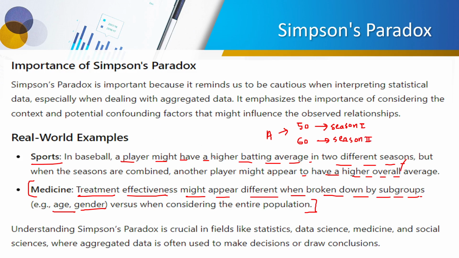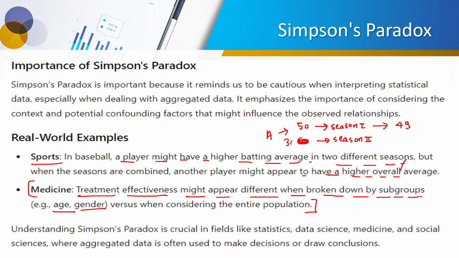So what they said is it might be possible that for season 1 there is one person having suppose 49. They mention a higher batting average in two different seasons. But when the seasons are combined, another player might appear to have a higher overall average. They are considering it as average.